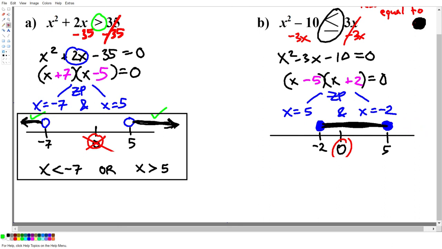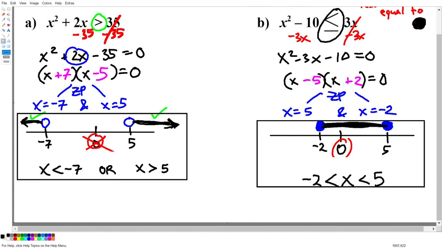You can try plugging in negative 10, but negative 10 would not work in this inequality. So the final answer is that our solutions are less than 5 and also greater than negative 2, between negative 2 and 5.